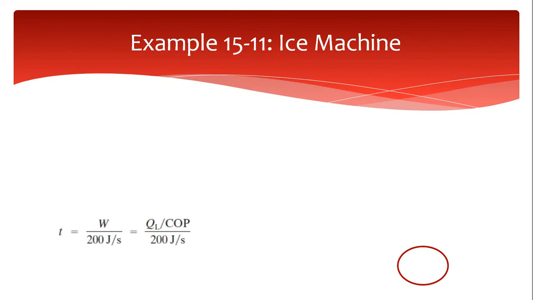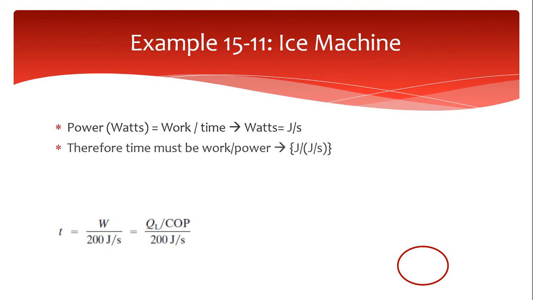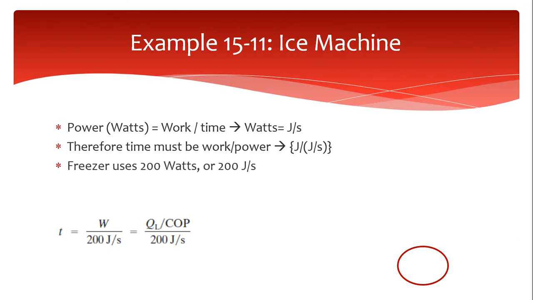Now we're going to take that and plug it in somewhere else. Power is work over time. The unit for power is watts, and if watts are work over time, then watts must be joules over seconds. If your freezer uses 200 watts, or 200 joules per second, you can use that information along with the coefficient of performance of your freezer.